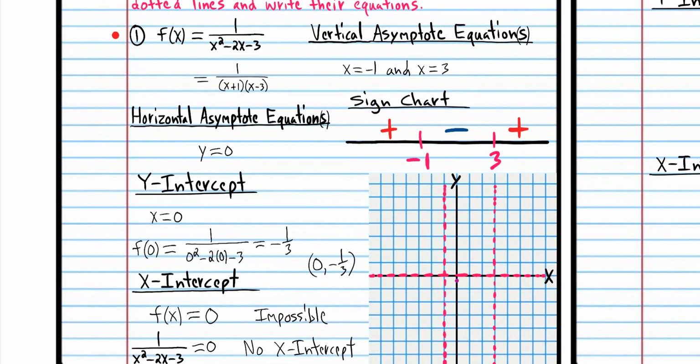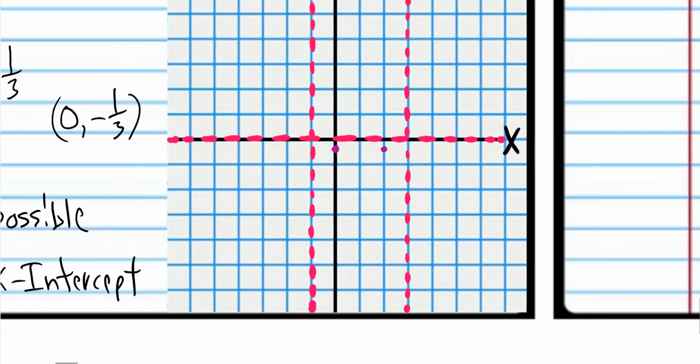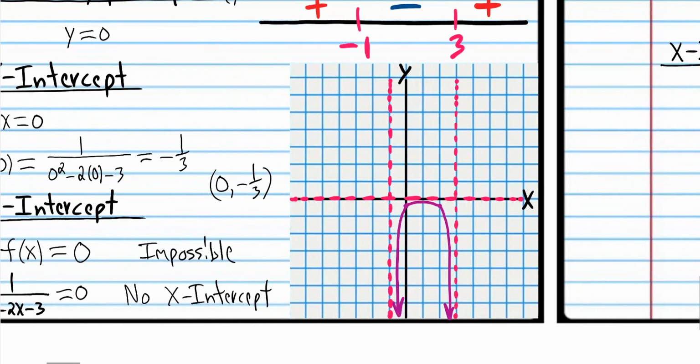If we plug in 2, it looks like we get -1/3. So 1, 2, and then down 1/3. So now our graph is going to be a lot more accurate. So there you go. That's pretty accurate.